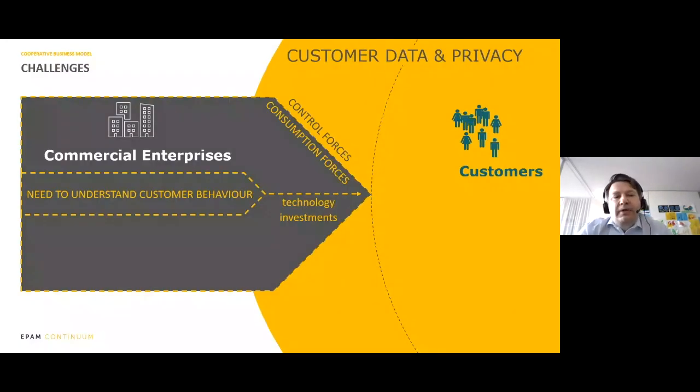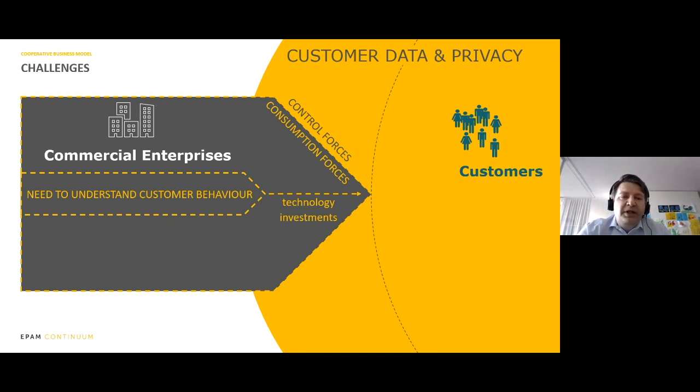So let's start with the basic challenges you would see on the market nowadays. On the left side, you have commercial enterprises. On the right side, you have the customers. And you can imagine there's almost at any company a basic need to understand the customer behavior in order to create personalized services.